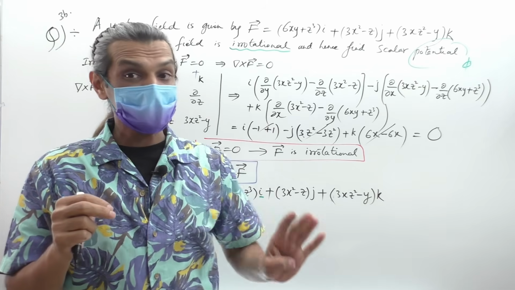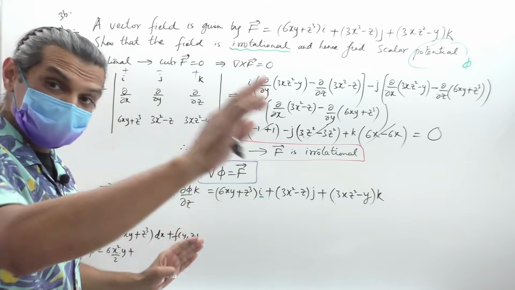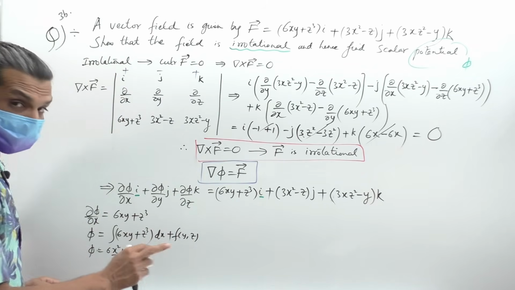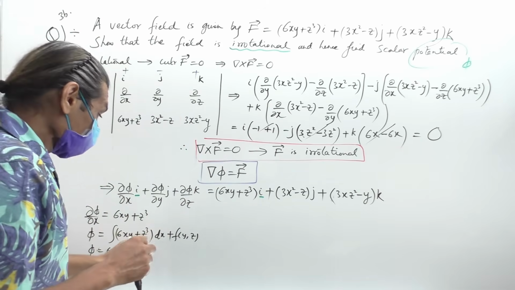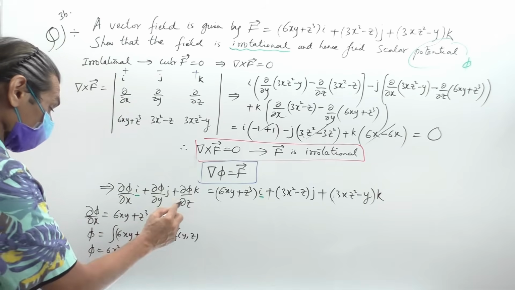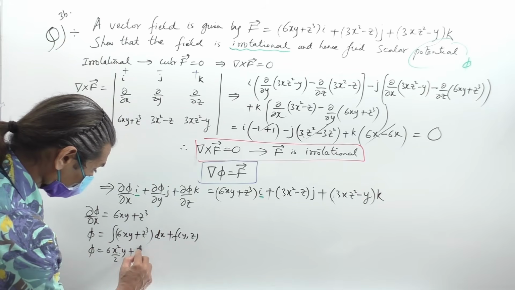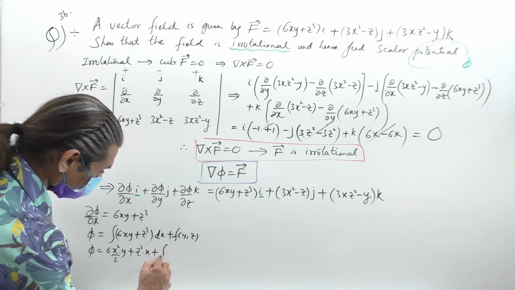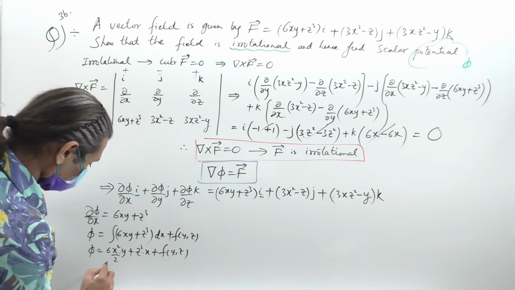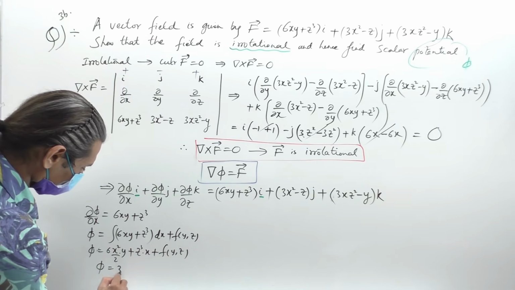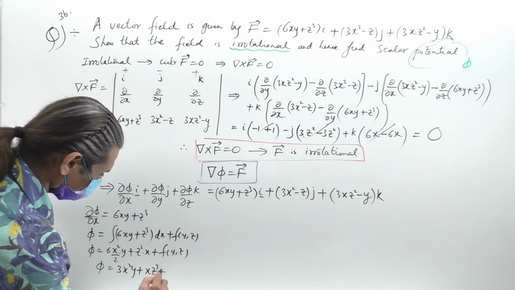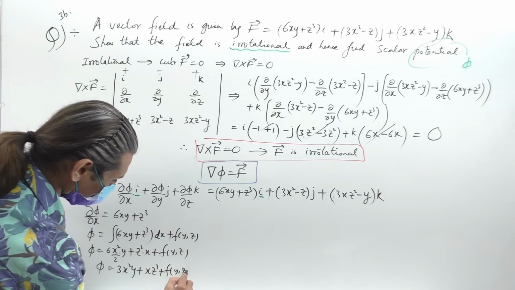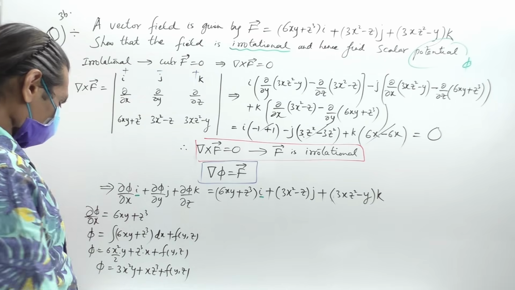So integration of 1 exists here, be careful. z³ is there, it's not 0. z³ will be as it is, we take it as z³ into 1 dx, integration of 1 is x. Plus f of y comma z. So phi here will be 3x²y plus xz³ plus f of y comma z. Okay, we have phi.